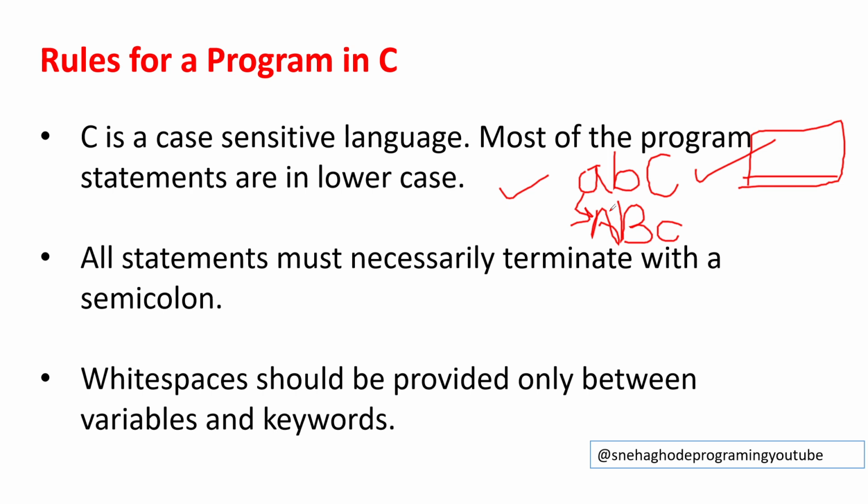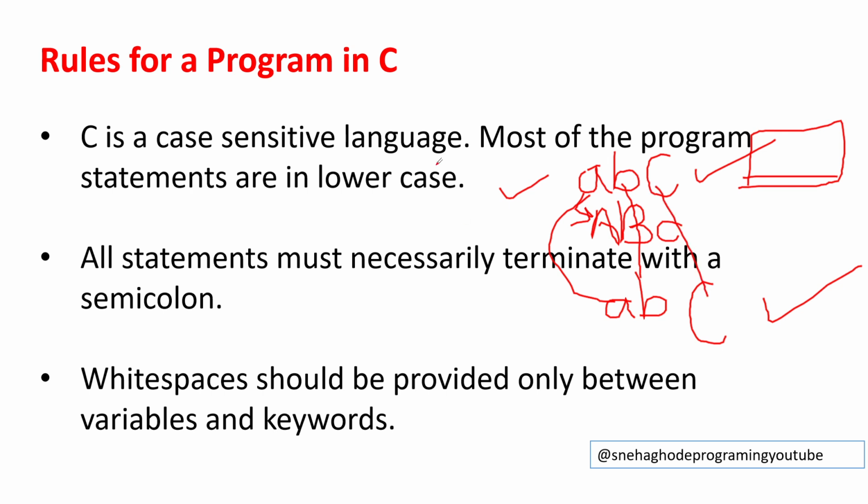If you are using something in small alphabets, you have to keep it as it is. Now the next time, if you give the password as small a, small b and capital C, this time you are able to log in because it is an exact match with this password.